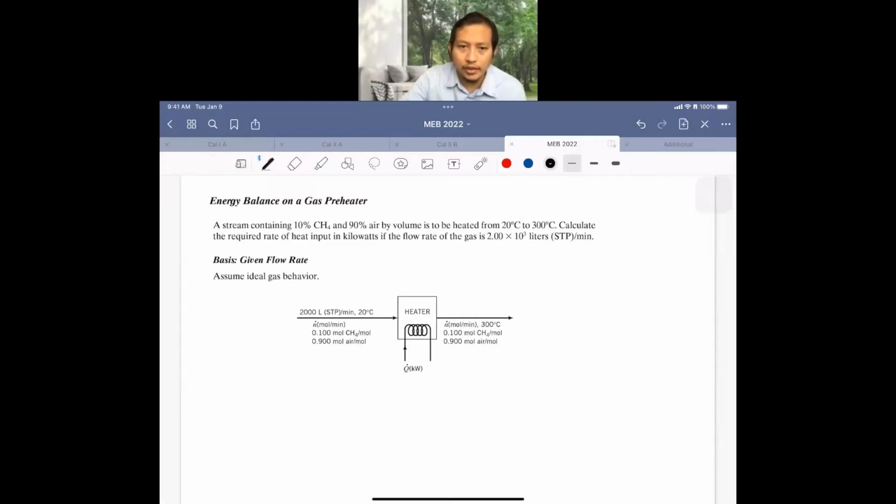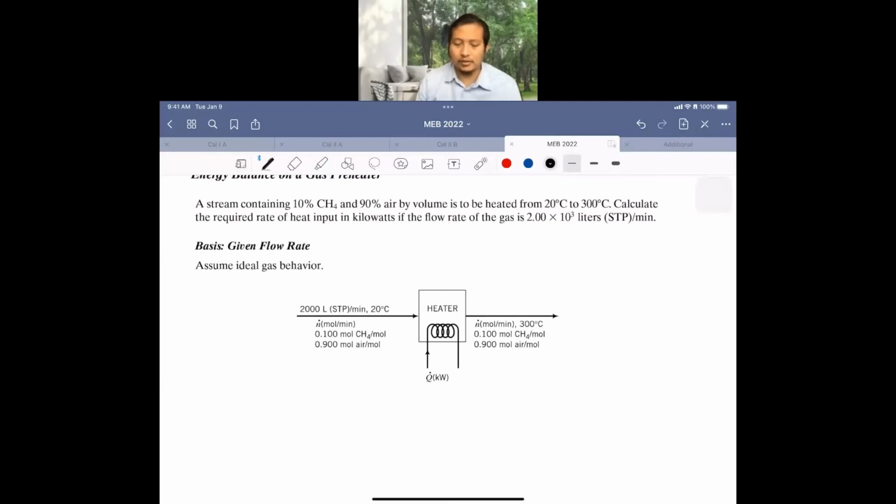Calculate the required rate of heat input in kilowatts if the flow rate of the gas is 2 times 10 to the power of 3 liters per minute. Okay, so it's given at STP, so you could just convert that, and then assuming ideal gas, and you have been given the diagram to help you to observe and analyze.